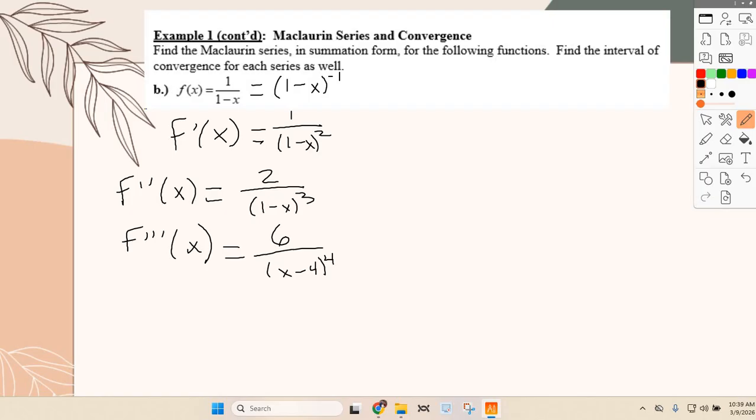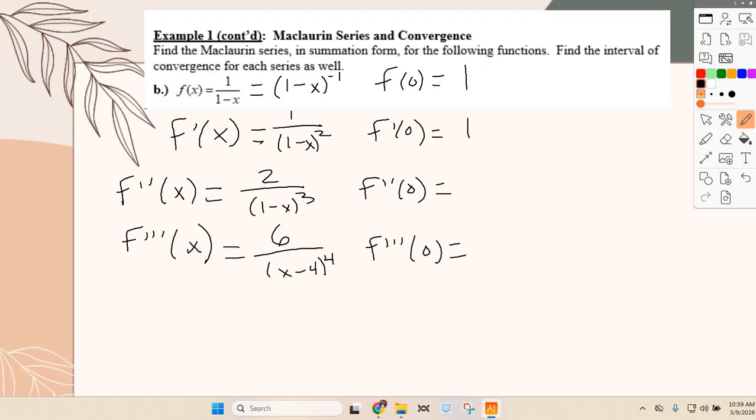Then what do I need to do with each of those? Plug in 0. So what do I get for f of 0? 1. What do I get for f double prime of 0? What do I get for f triple prime of 0?